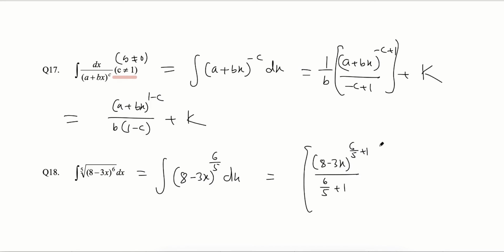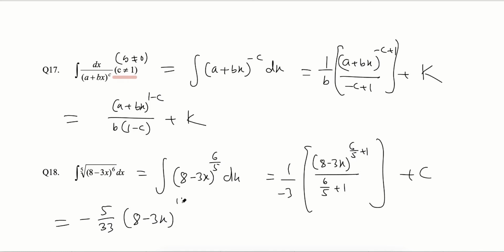But this total I will divide by the coefficient of x, so 1 by minus 3, plus c. Did you understand? Is this clear to everybody? So finally, this will be 11 by 5. 5 will go in the numerator, so minus 5 by 33, correct? Into (8 minus 3x) raised power 11 by 5 plus c. This is your answer. Right?